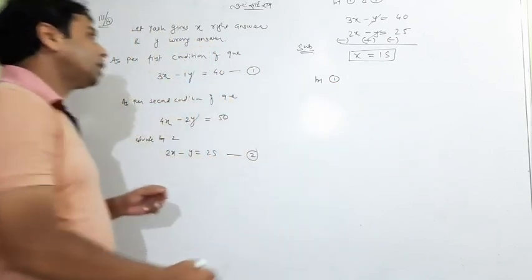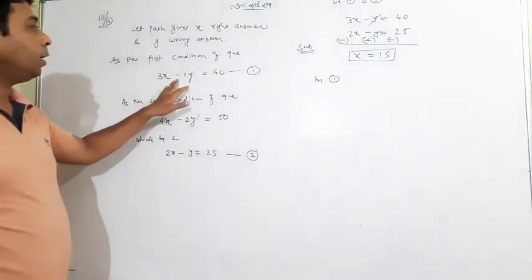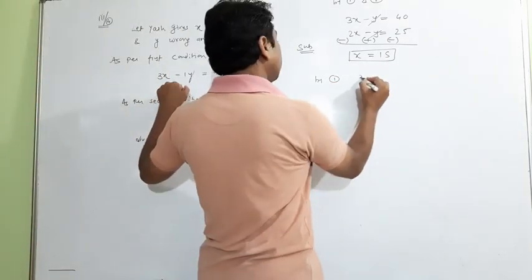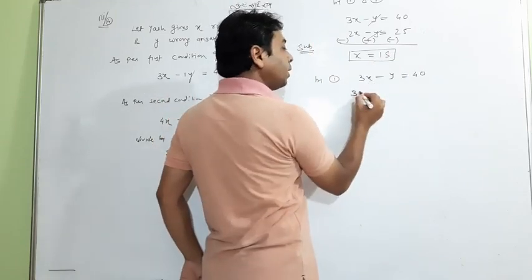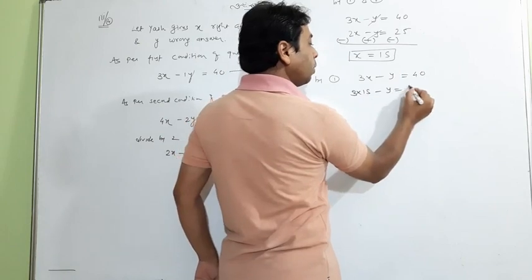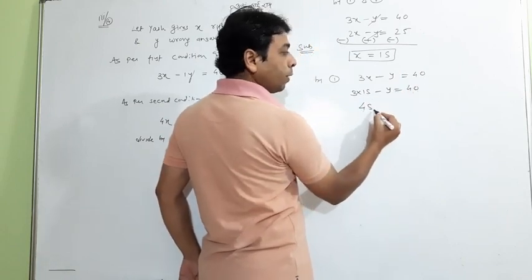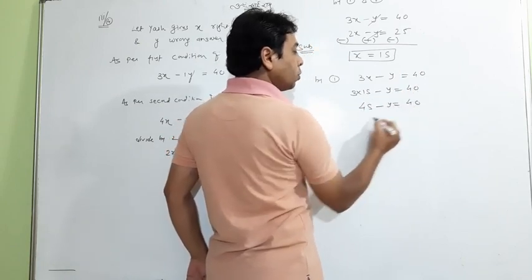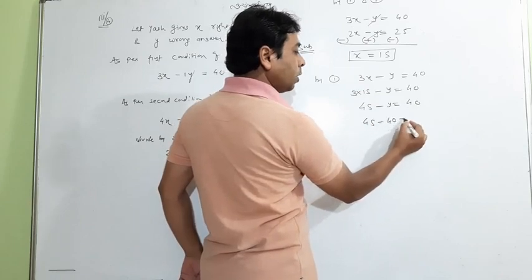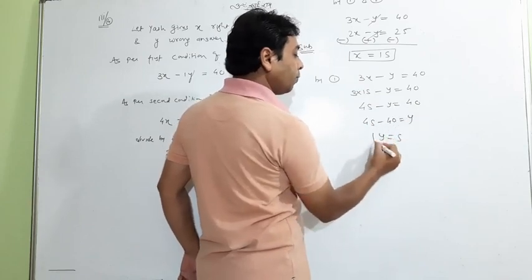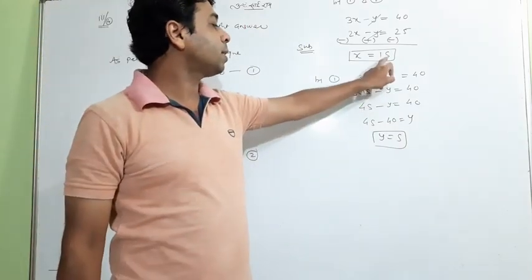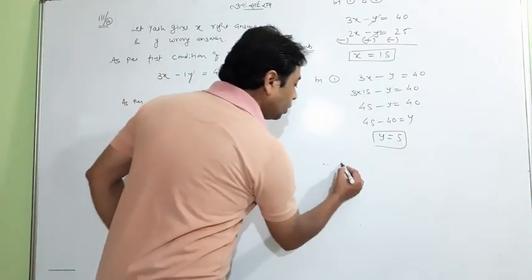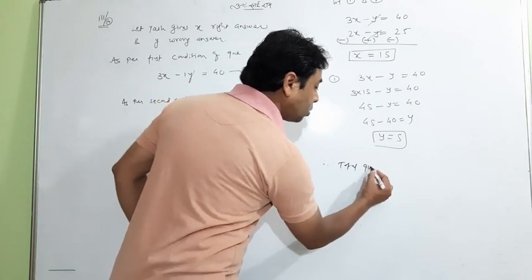By any equation you can take help for finding y. Suppose I'm taking help of the first equation. So x is equal to 15, I want to put here, minus y equal to 40. This is going to be 45 minus y equal to 40. So 45 minus 40 is equal to y. So y is equal to 5. So meaning Yash gave 15 right answers and 5 wrong answers. The question asks the total questions in the test.